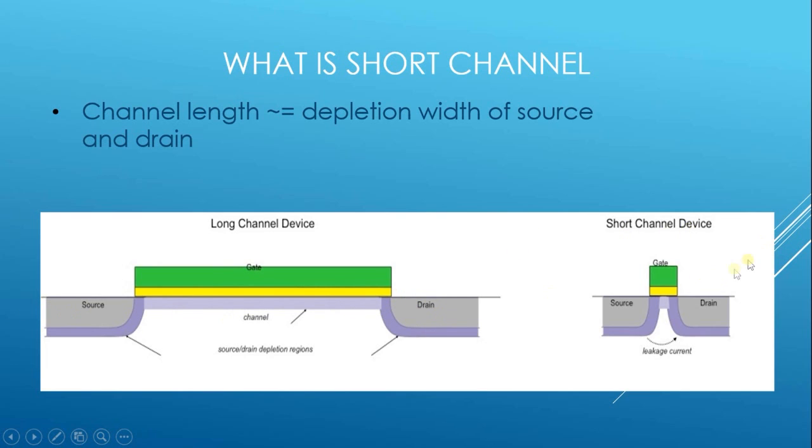Whereas in short channel devices, the length has been shortened so much that the depletion widths of the source and drain are very big compared to the channel length. So the device in which the channel length is approximately equal to the depletion width of the source and the drain, or the channel length is very much less than the depletion width of the source and drain, is called a short channel device.